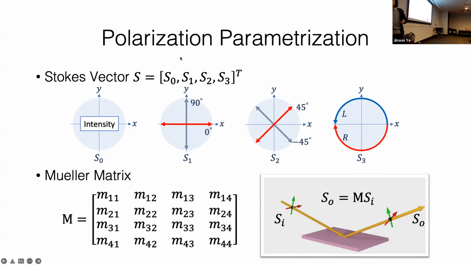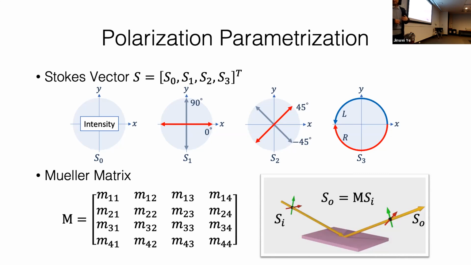S1 and S2 correspond to the linear state, while S3 is about the circular state. S1 and S2 basically describe the preference of polarization along 4 different directions. Remember that we have 4 different linear polarizers for the linear polarization camera, so these match to that. And for the circular, it is either right-handed or left-handed circular polarization.